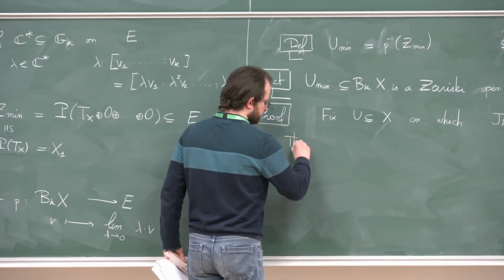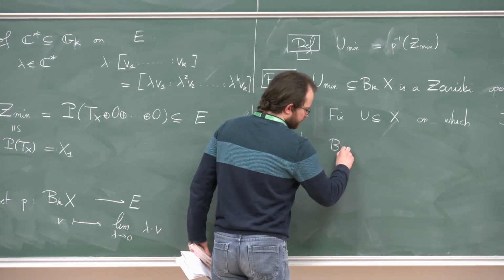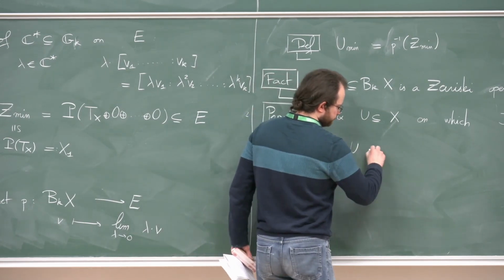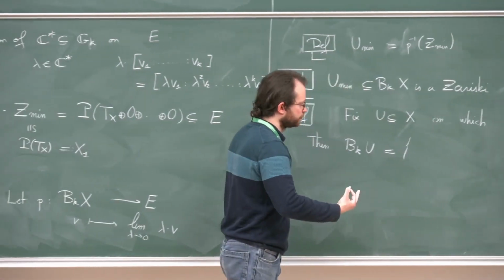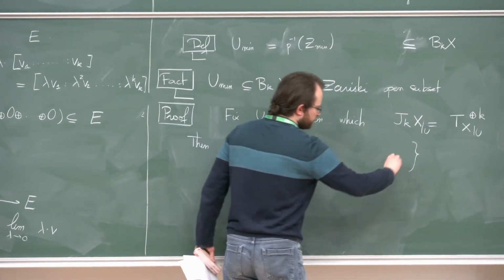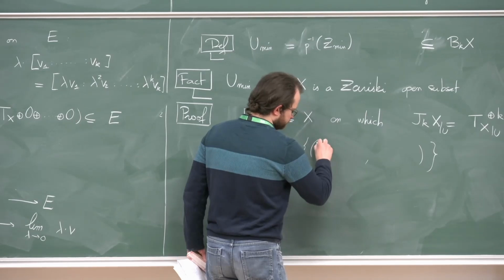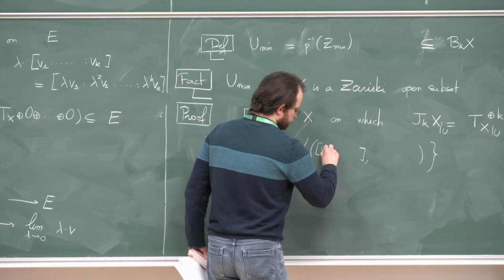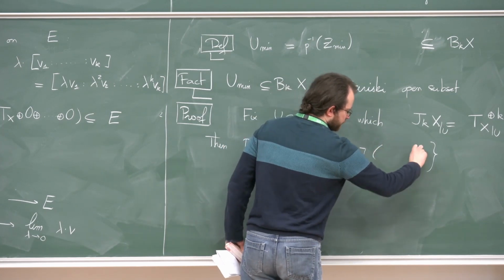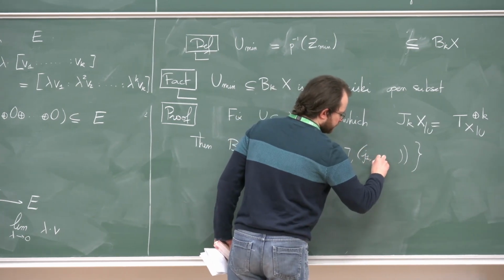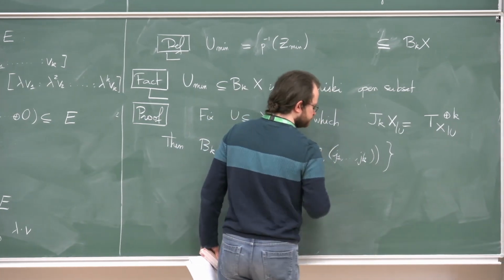Then, if you write the blowing up, BkU, you can write it down simply by taking the standard operation of blowing up as the set of couples V1 up to Vk and J1 up to Jk.